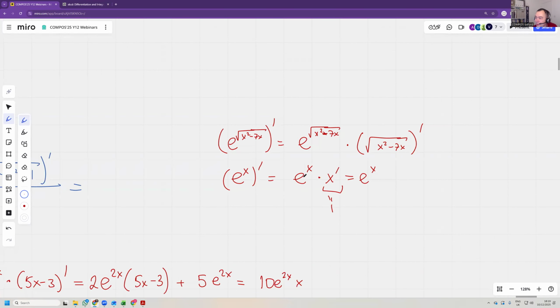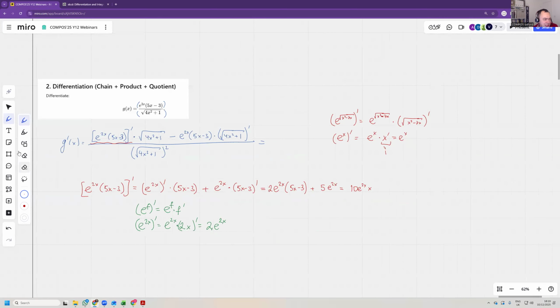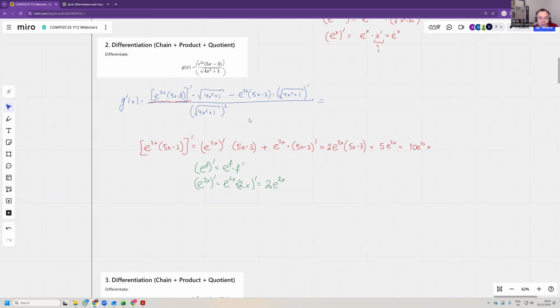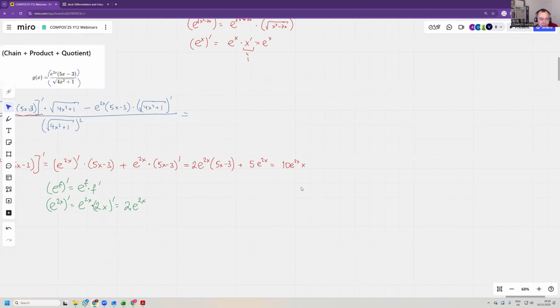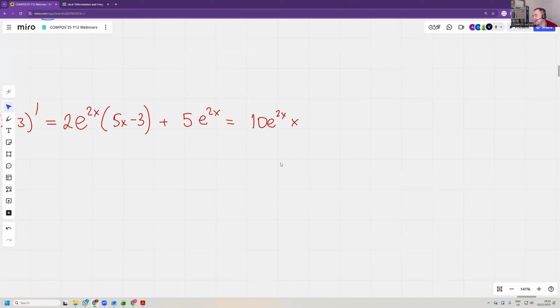How do we know how much to simplify? The question usually specifies whether you need to simplify or not. A question like that would normally not need simplification unless they're being very cruel to you.